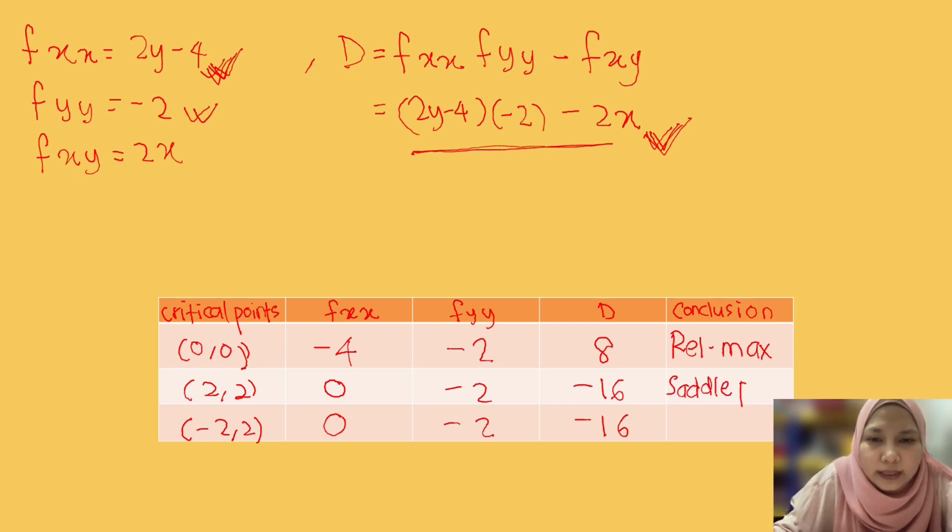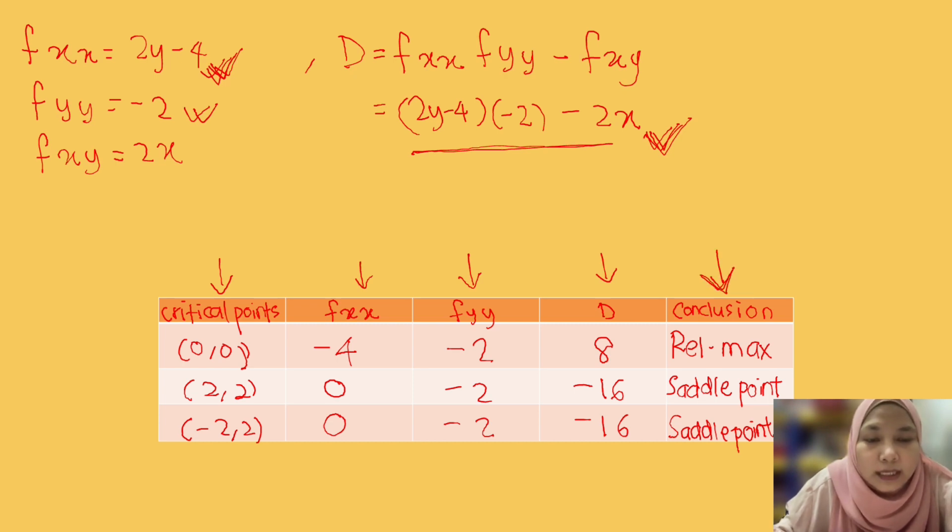You can refer back to the conditions on how to determine a saddle point, relative maxima, relative minima. Please refer back to the notes. So this is our conclusion. Make sure you have your critical points, and then the value for each one of these, fxx, fyy, D, and also the conclusion. This is very important. If you have the table complete with all the information, then you will get full marks.